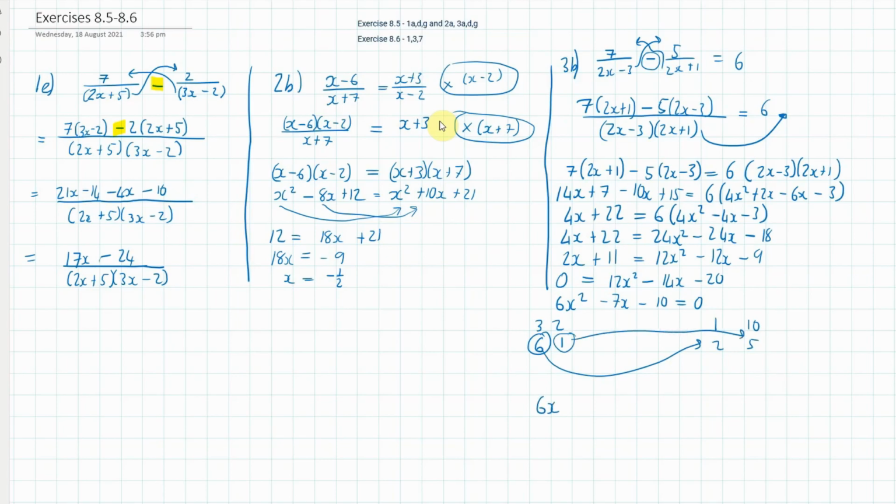So I'm going to go 6x minus 2, and then plus 5. I think that's right. That'll give me 6x squared minus 12x plus 5x, yeah, which is minus 7. Yep, okay. So x is equal to negative 5/6 or 2. There's our result.